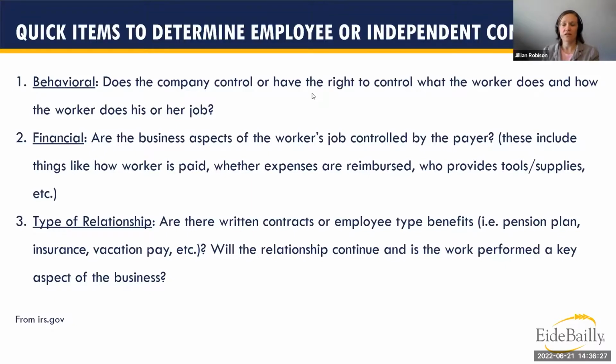So like in our case with accounting, I do accounting and I'm a salaried person and I do have vacation, pension, or retirement insurance type benefits. That's definitely more employee relationship versus the person that did the floor. Once they're done with the floor, they're pretty much done. So the relationship won't continue. And that flooring is not key to our business. So likely not an employee.